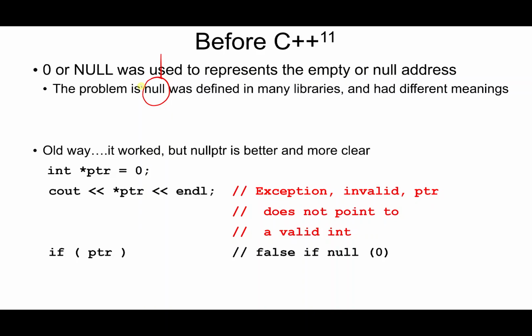So it's always better to use nullptr. Now, if you use 0, this will work. But nullptr is going to be a better and clearer solution. So int asterisk ptr equals 0, then dereferencing the 0 is going to give you an exception, basically a runtime error.